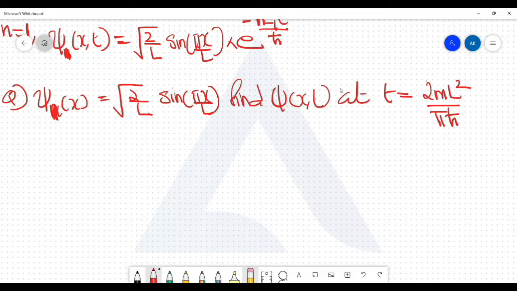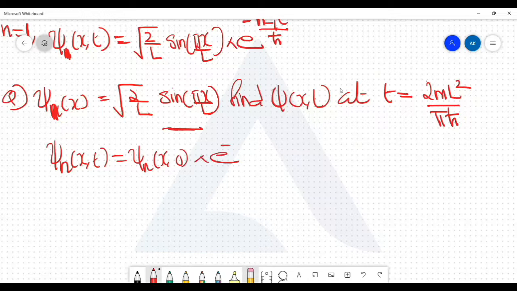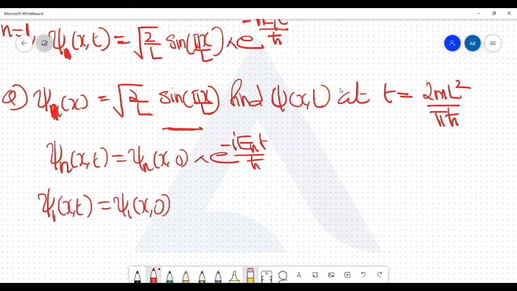So first of all you have to write down your formula. psi n of x, t equal to psi n of x, naught into e raised to minus i E n t by h cross. Now you have psi 1 of x, t equal to psi 1 of x, naught into e raised to minus i E1 t by h cross.